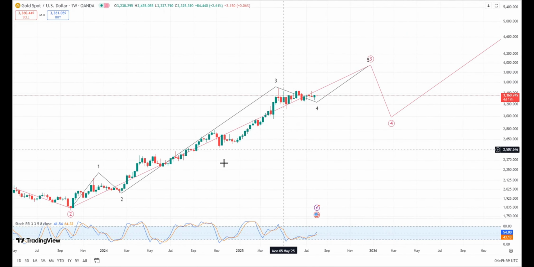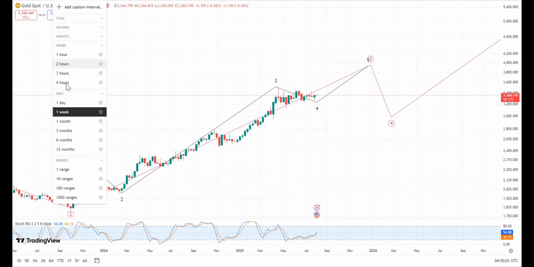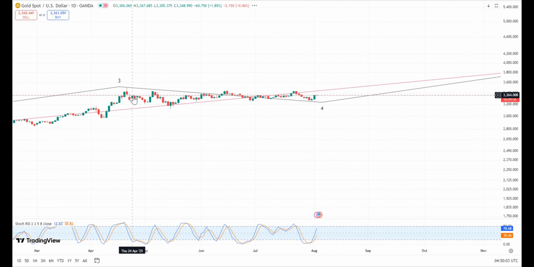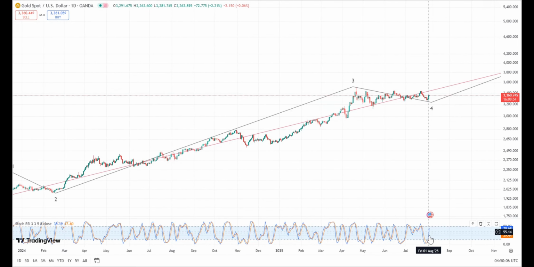Then let's go down to our daily time frame. The momentum is also bullish, and it matches with this low we have here. So both weekly and daily momentum is showing us a bullish signal. Double time frame momentum pointing in the same direction is an A plus setup for us.